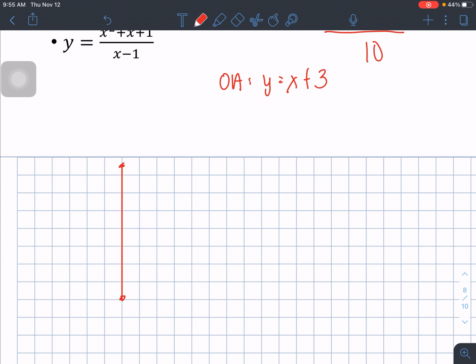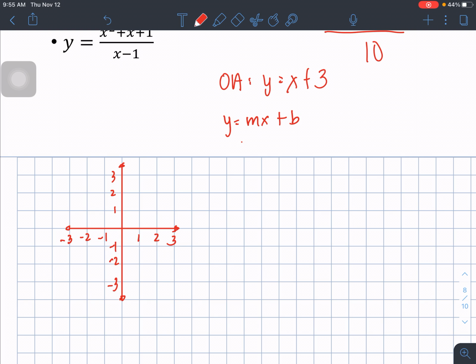So this y is equal to x plus 3 is in the form of y is equal to mx plus b, a slope-intercept form.